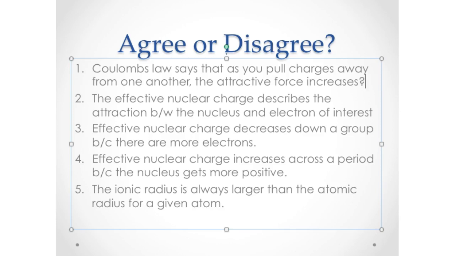So the keyword here is ionic. So if something's ionic, it could be positive, it could be negative. It doesn't mean that it's always going to be larger. It could be smaller if it happens to be losing an electron. So if it loses an electron, it's going to be smaller. If it's gaining an electron, it's going to be bigger. So it's not always going to be larger.